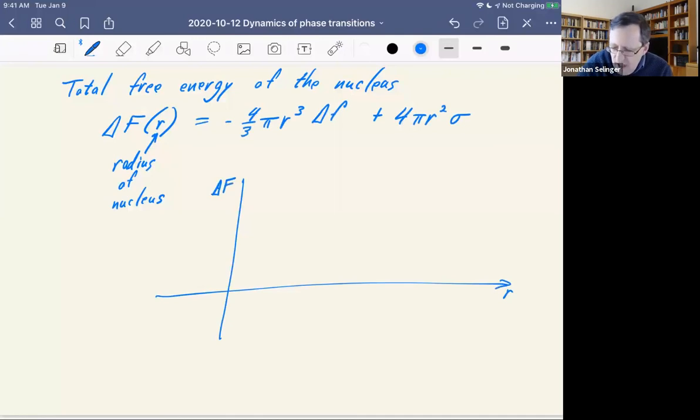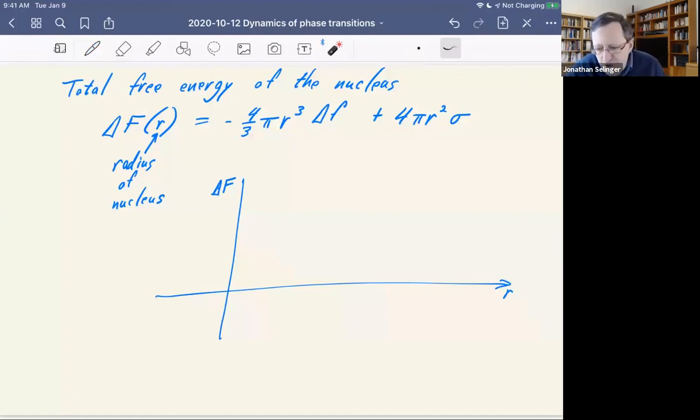When we want to make a conceptual plot like this, we don't actually have numbers to plot, but we can think about what is dominant for small r and what is dominant for big R. For small r, we have an r squared term and an r cubed term.